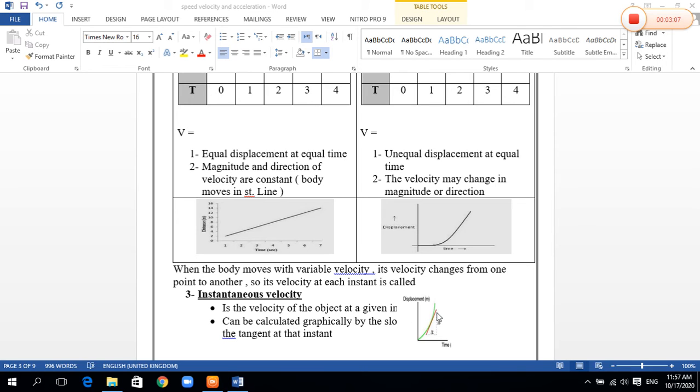Then we calculate its slope to find out the velocity at this instant. So the instantaneous velocity is the velocity at a certain instant or in a given moment. Okay, great.